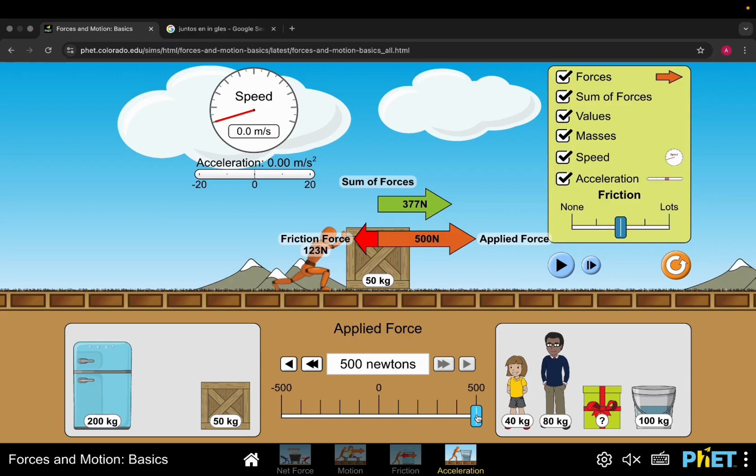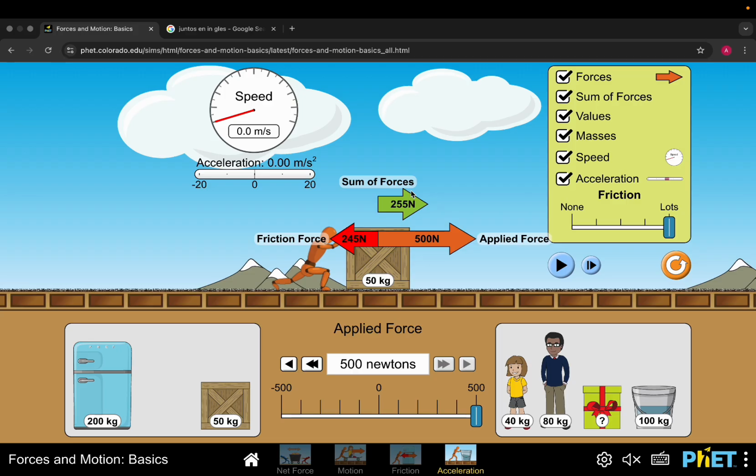So, let's apply a force of 500 newtons again. So the friction force is again about, well, let's add a lot of friction. Now, the friction force is about 245 newtons, and the sum of forces is giving us 255 newtons to the left.